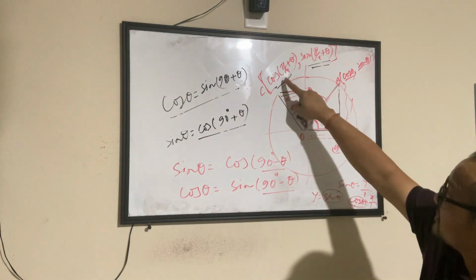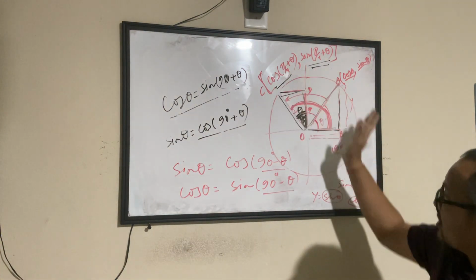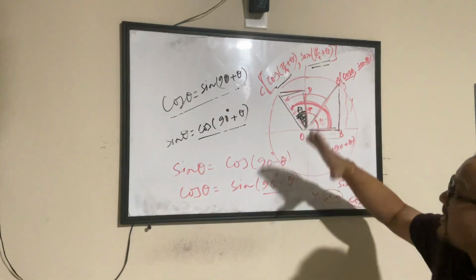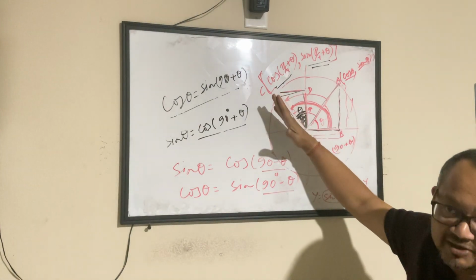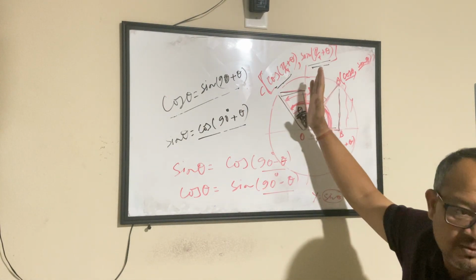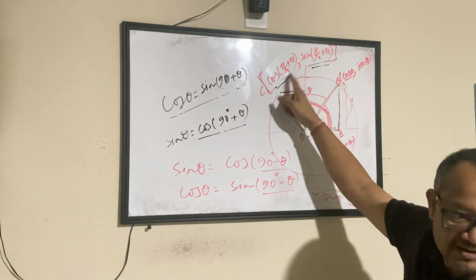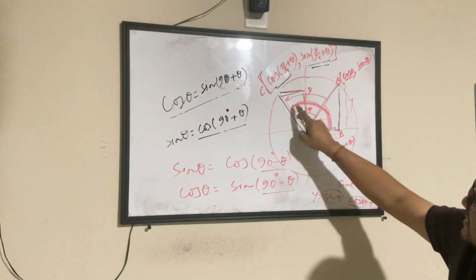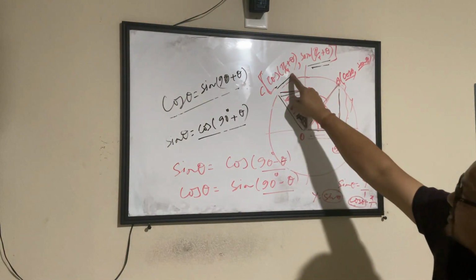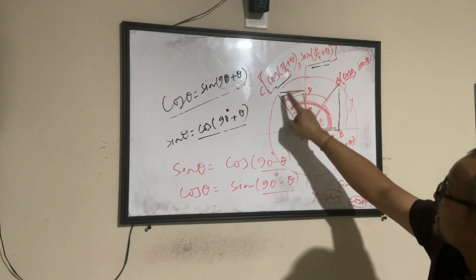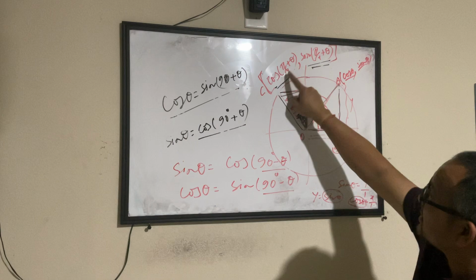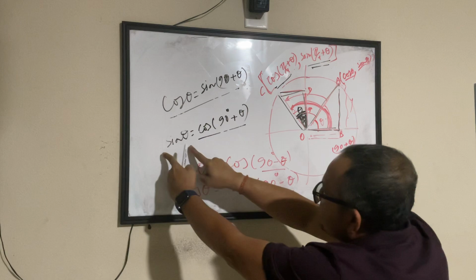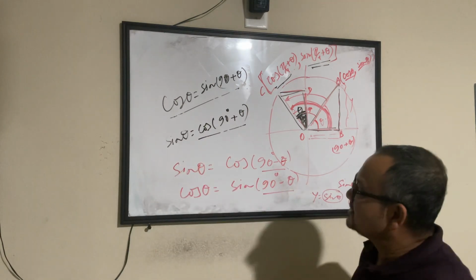Now we know that when you're talking about 90 degree plus theta, let's say theta is 45 degrees, this becomes 135 degree. It falls in the second quadrant. If it falls in the second quadrant, then my x value will be negative and y value will be positive. So this becomes cos 90 degree plus 45 degree, which will be equal to sine theta.